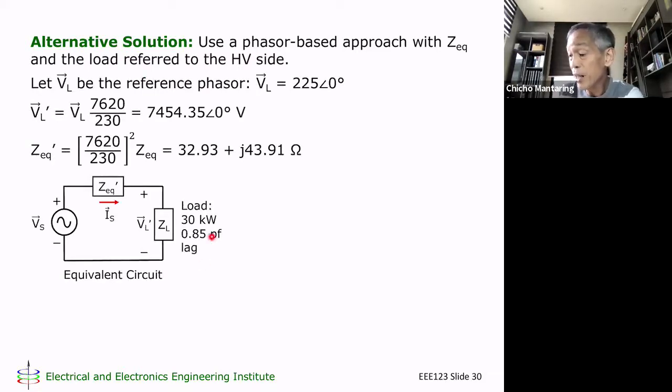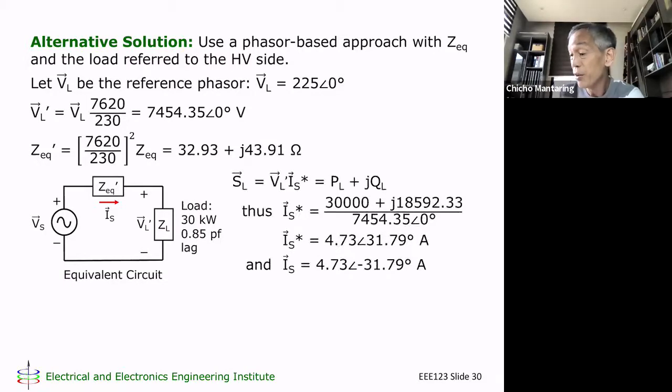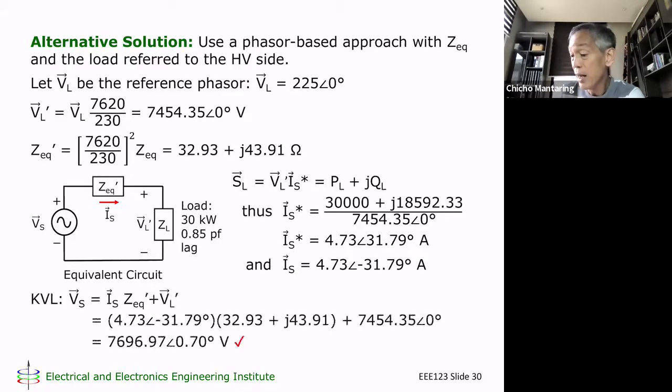In effect, ito yung magiging circuit natin. So we retain this, and then this is referred from the secondary, and this is also referred from the secondary. And then you can use your phasor method to compute for your I's of S using your complex power formula, and then V's of S using KVL.